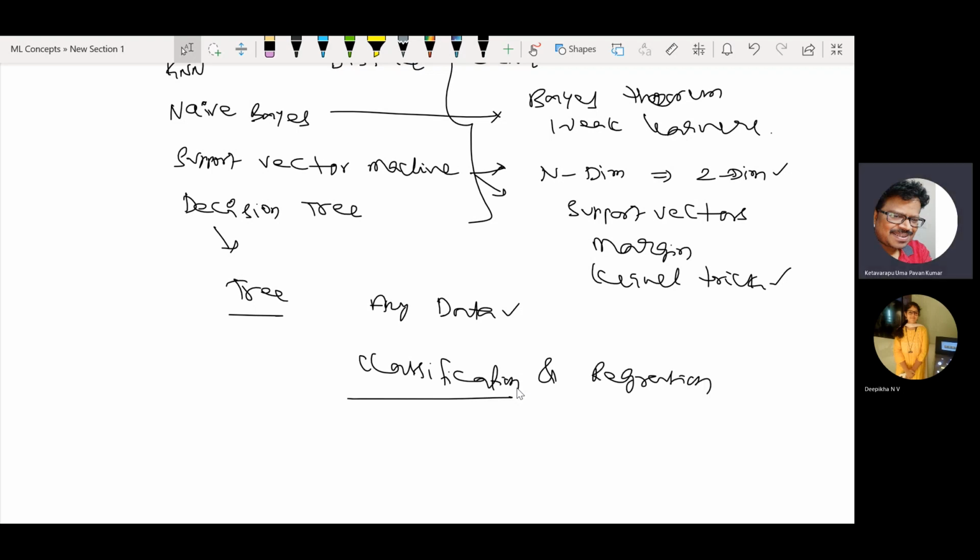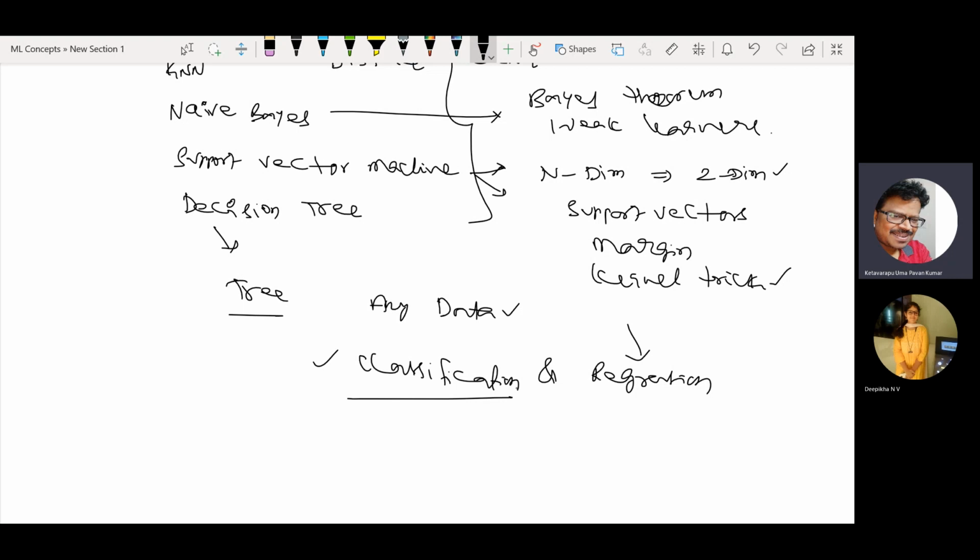However, we are limiting ourselves to classification, and at a certain point we can make use of decision trees for regression also. We'll see once we complete the classification, friends. In the discussion of regression, we'll talk about support vector regression, decision tree regression, all these things.